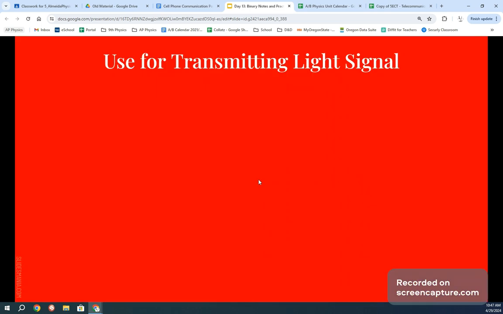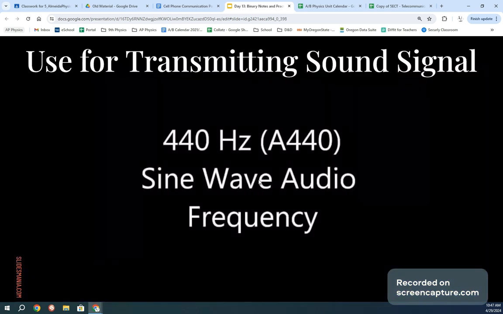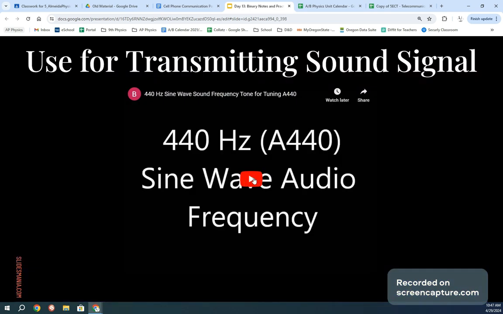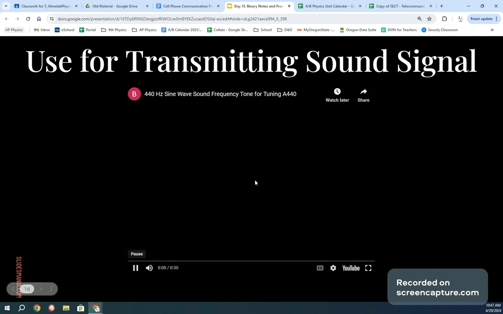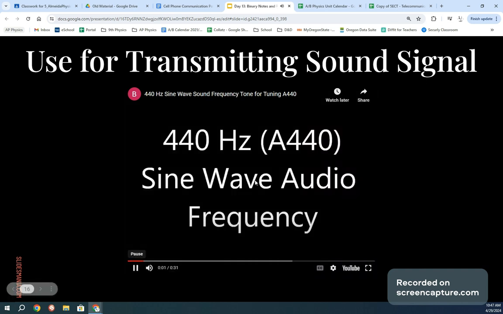So again, figure out a way to send it so that you can know what those are. You could do the same thing with speakers. So we've got our 440, and then we've got another frequency here.